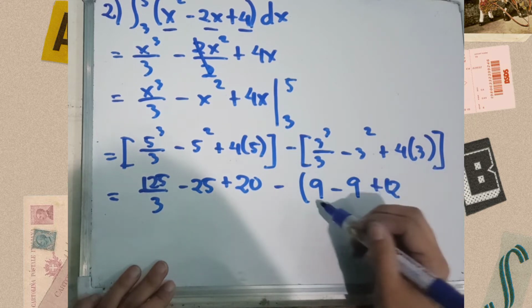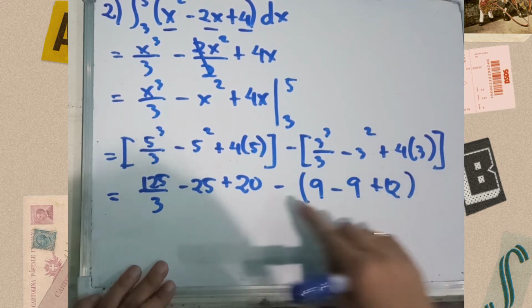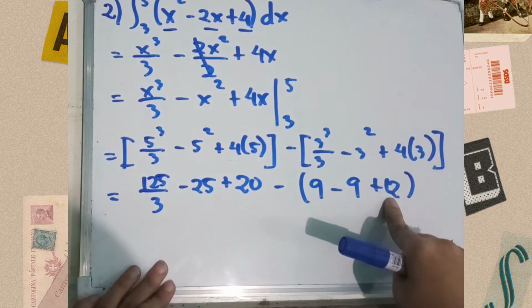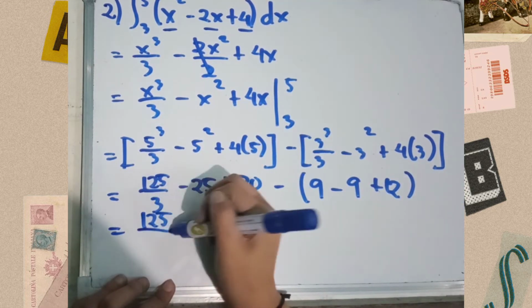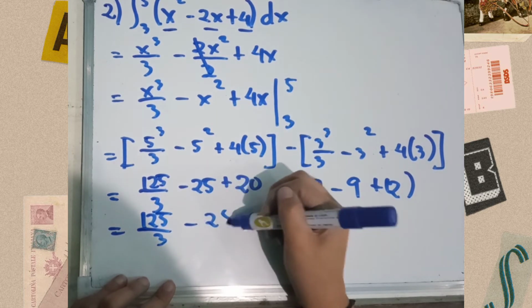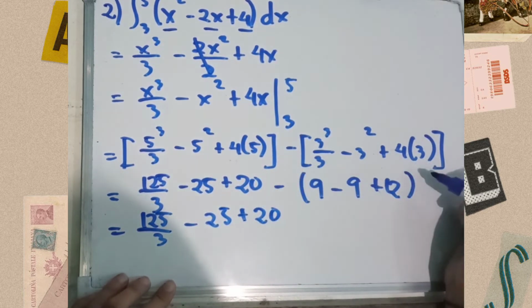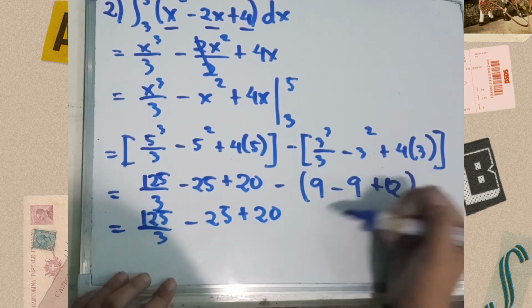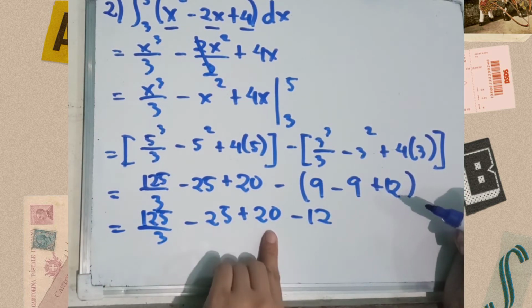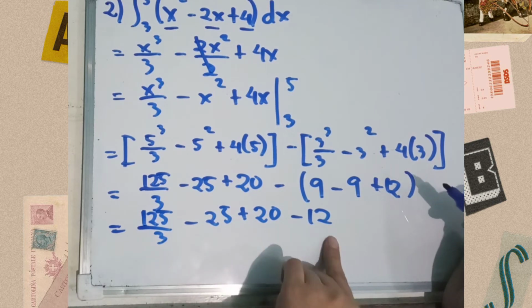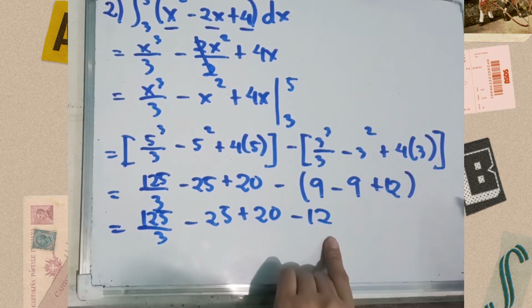So this will be 0, and what will remain is negative 12. So that's 125 over 3 minus 25 plus 20 minus 12. All in all, this is negative 5 minus 12, that is negative 17.